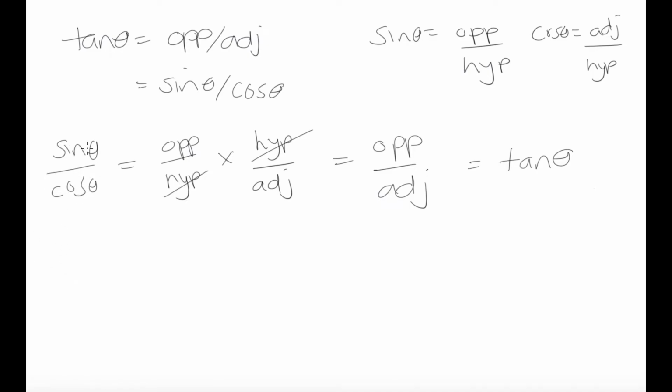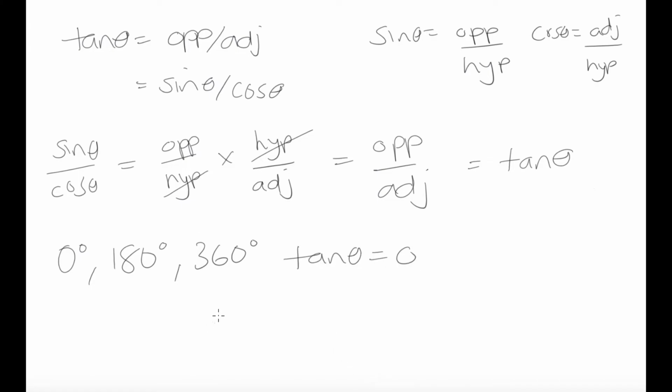So whenever sine theta is 0, we're going to have tan theta equaling 0. And where does sine theta equal 0? Sine theta, as we know, is going to be 0 at 0 degrees, 180 degrees, and 360 degrees. So at those angles, we know that tan theta is going to be 0.